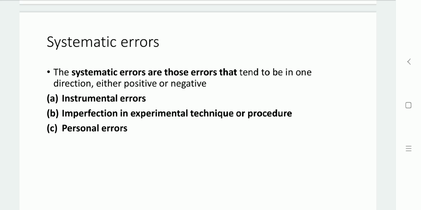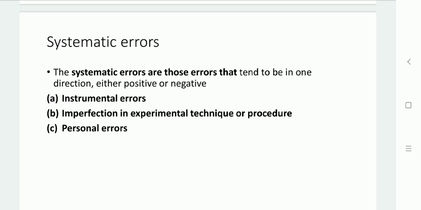This is the human error, where we have not seen it properly and a different value is obtained. This is how human or personal error is present, based on the observations taken by different persons.